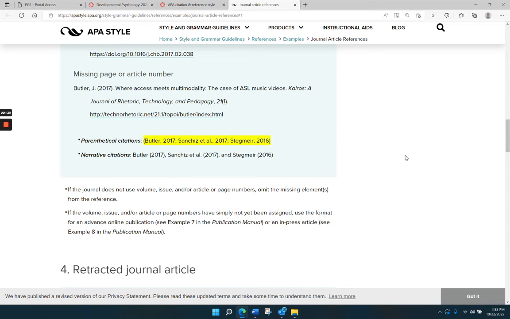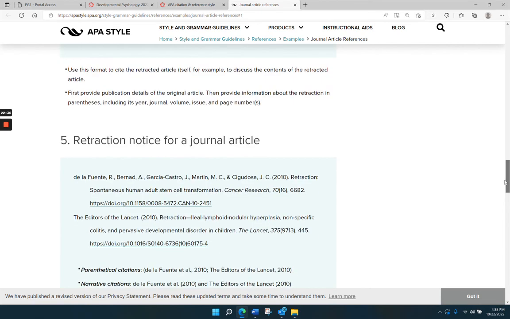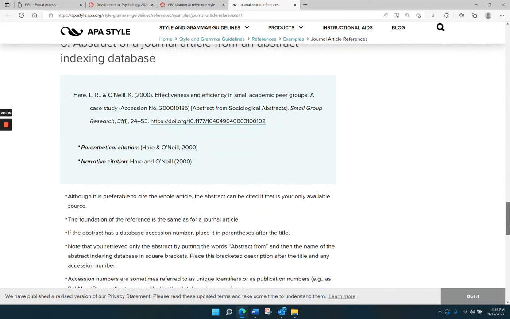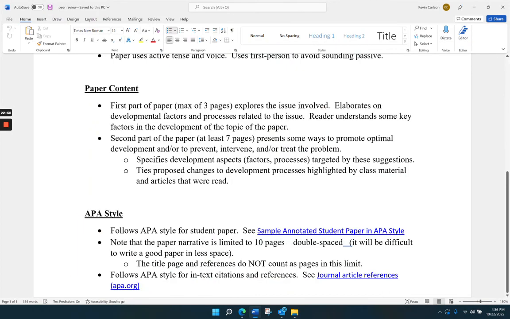You do it that way. And then finally, if you have 2 authors, and I know there's one down here somewhere. Here it is. So if you have 2 authors, it looks like this. So 2 authors, you give both of their last names. You put the ampersand, that little and sign, comma, and then the year of publication. So just follow those models for your APA citations.